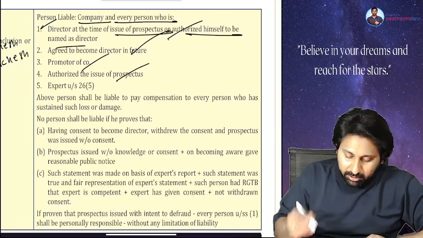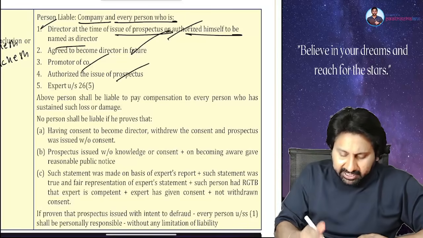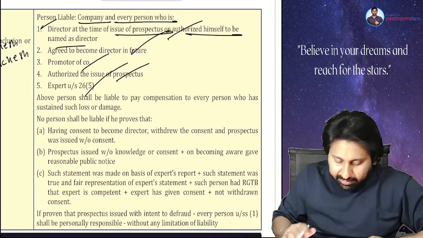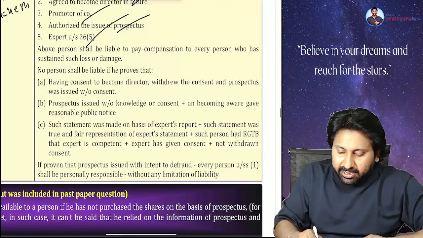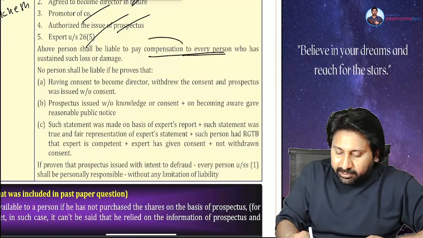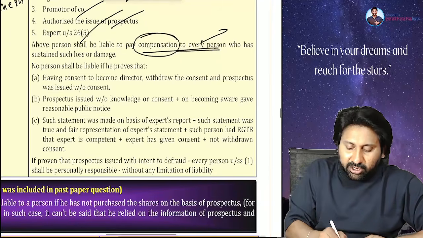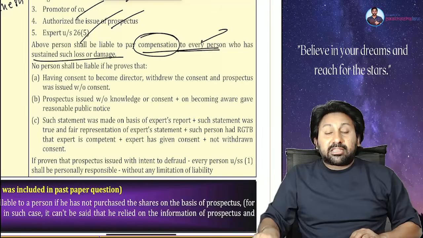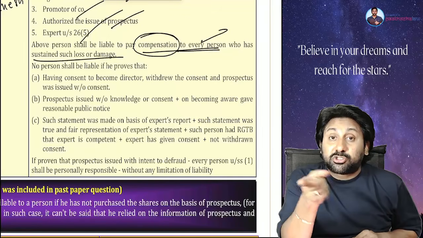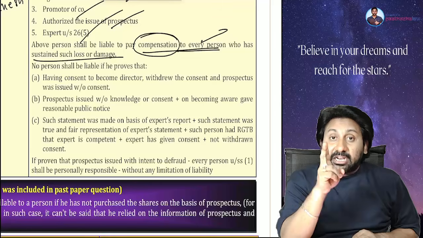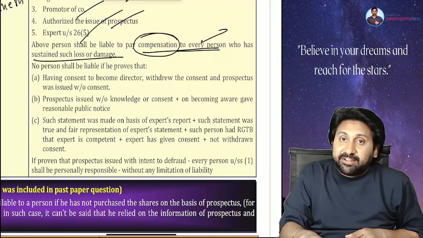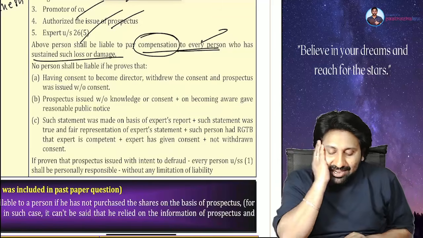Promoters are liable. Anyone who signed the prospectus is liable. Experts are liable. The above persons shall be liable to pay compensation to every person who sustained loss or damage. So section 34 is about criminal liability, with the intention to punish you under 447. Section 35 is to pay compensation, civil liability. Listening everyone.